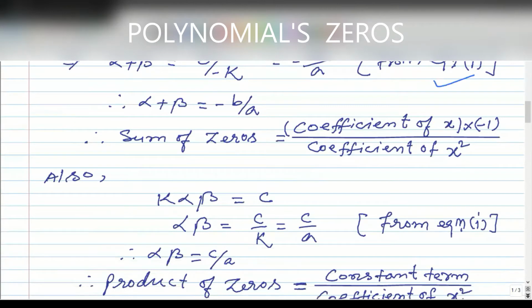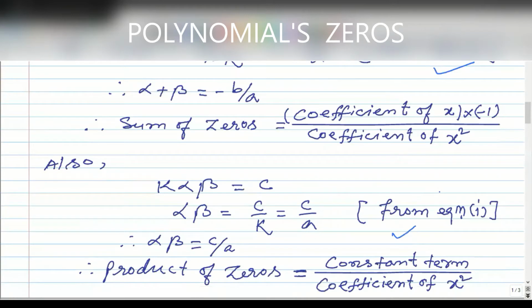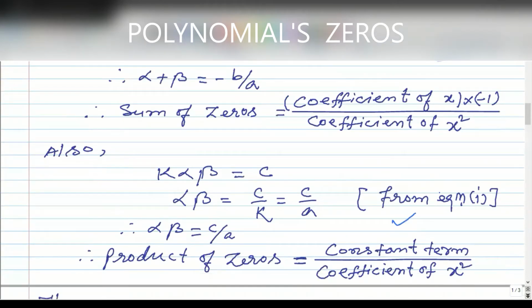Transposing k to the right hand side, it becomes a denominator. Then alpha into beta equal to c by k, equal to c by a from equation 1. So the product of zeros equals the constant term over the coefficient of x squared.